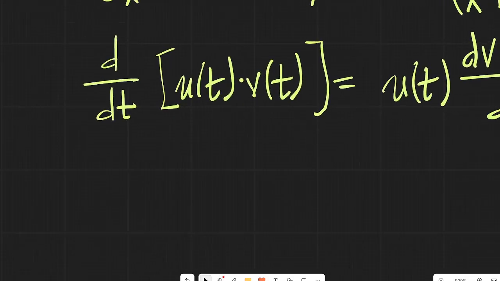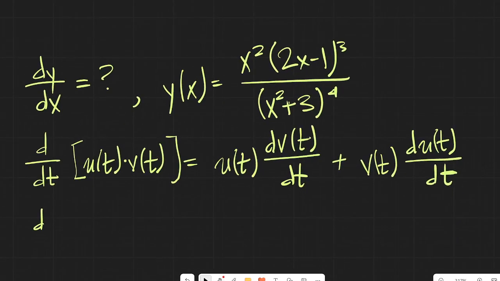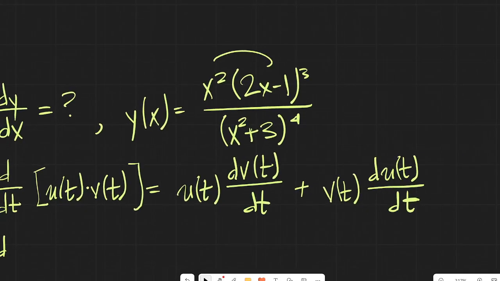And also a quotient rule. So the reason why I'm using u and v in this product rule is because I have a product between these two functions. I'm going to call these u, this is going to be v, I'll call this one L, right?